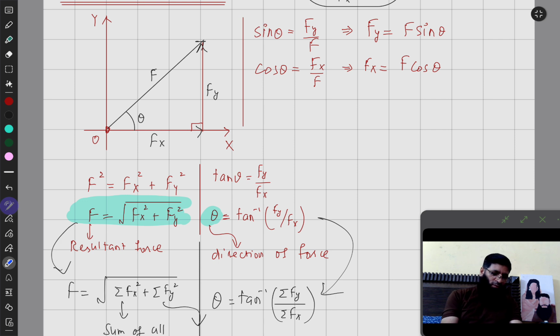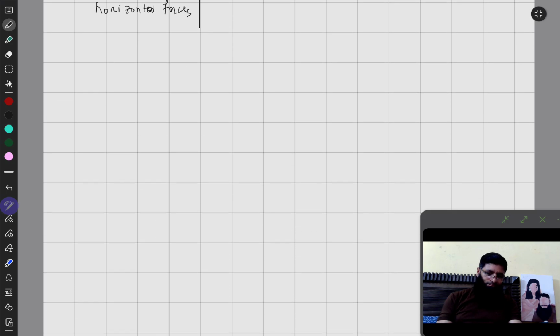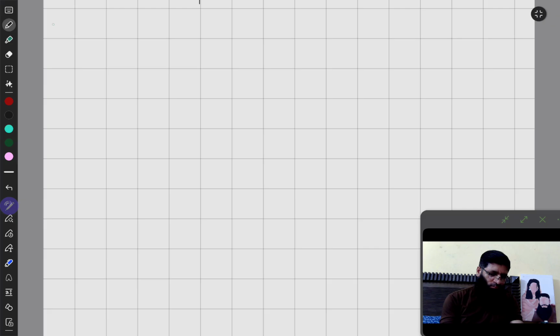Now let's talk about equilibrium. Basically, if the sum of all forces on any object is equal to zero, we will say that the object is in the state of equilibrium.